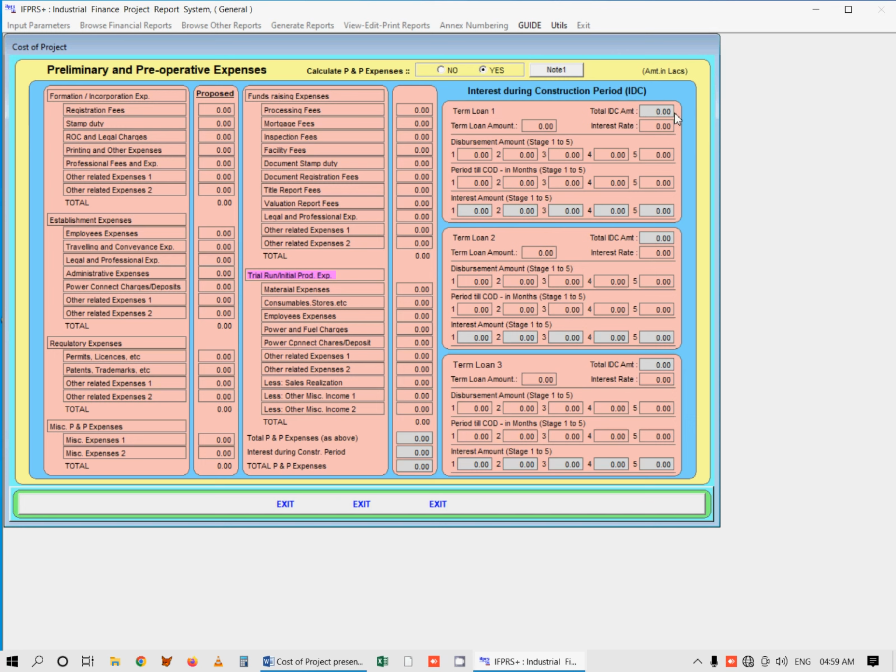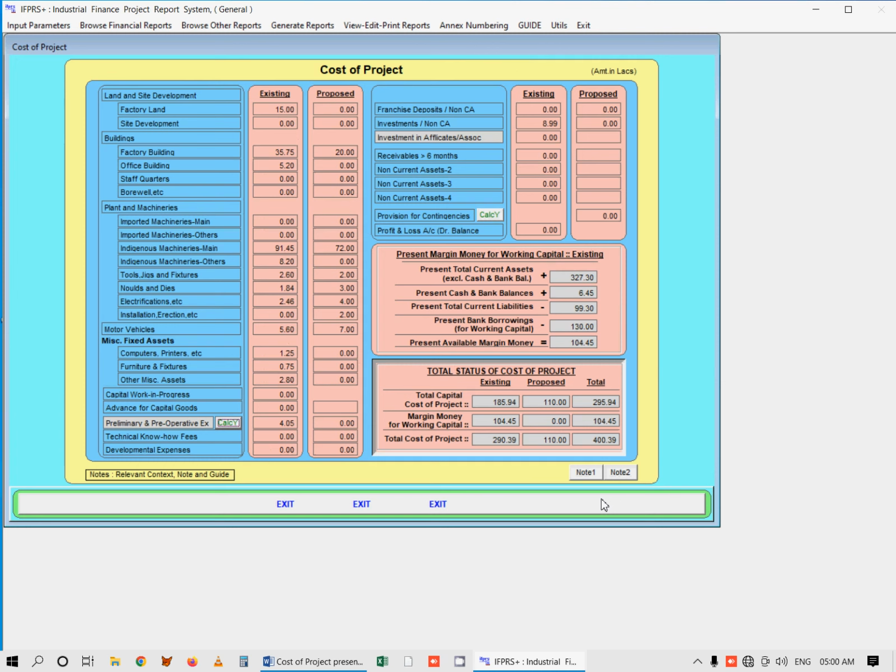Thus, this facilitates a lot for the detailed calculation of PNP expenses and IDC there itself within the main screen of cost of project.